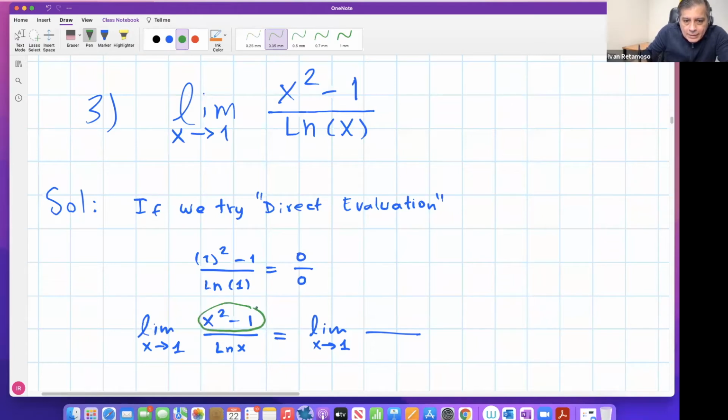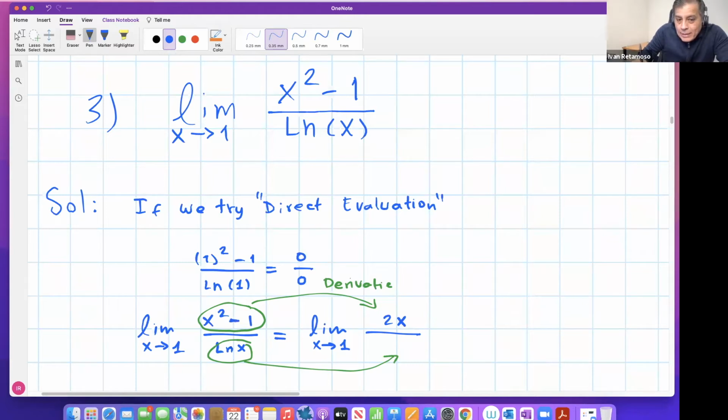So we trade the quotient of the functions for the quotient of the derivatives. The derivative of x squared minus 1 is just twice x, the polynomial function.